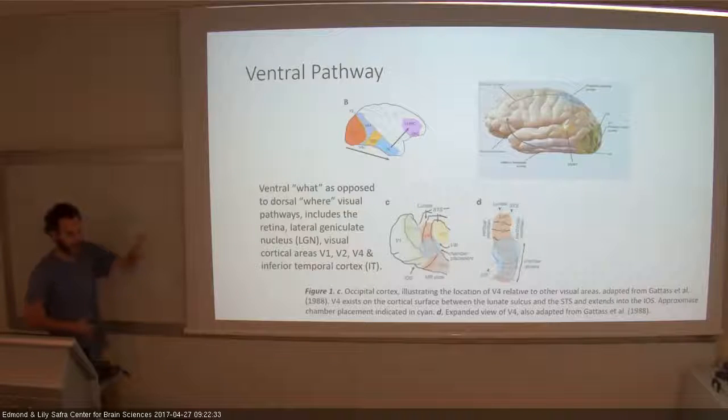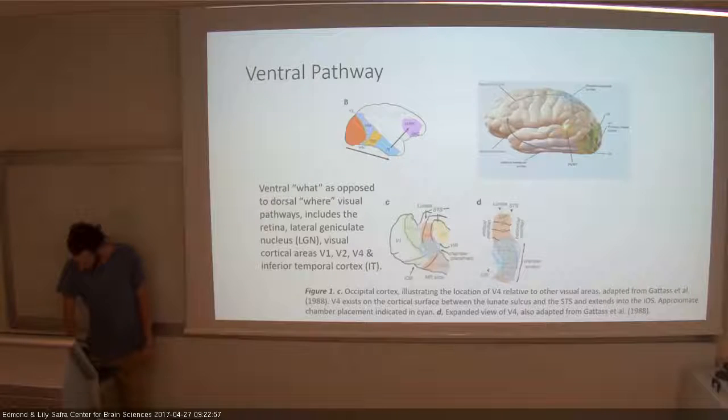We already saw some slides on the ventral pathway, but I'll only add, because I want to try to be quick, that it's usually referred to in the simplest way as the ventral what pathway, as opposed to the dorsal where. So it is more connected to object recognition. Object recognition, we know, requires selectivity for complex feature conjunctions, and not just local features.